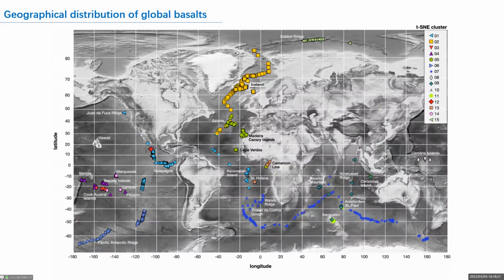Further, the geographic distribution of these clusters shows that they also share regional affinity, and so Stracke delineates 15 regional domains. Within each domain, the isotopic composition of the basalts is significantly influenced by the regional geodynamics.